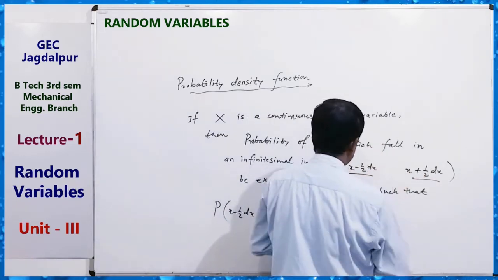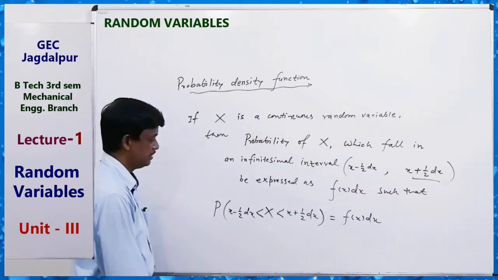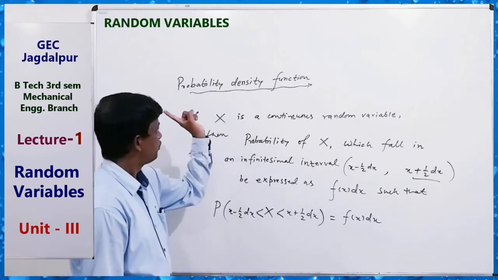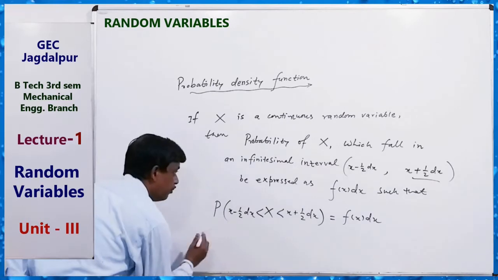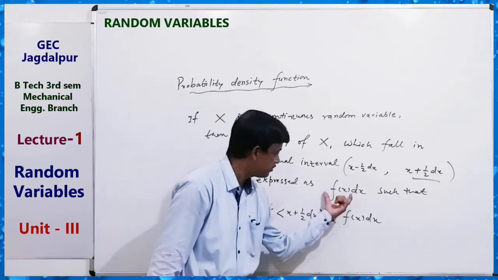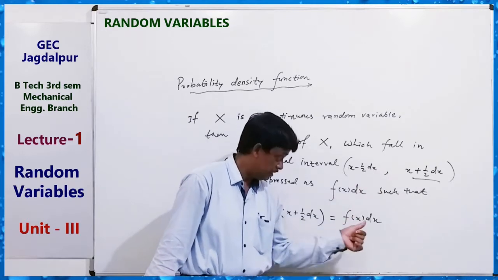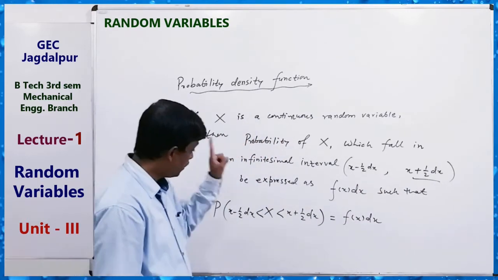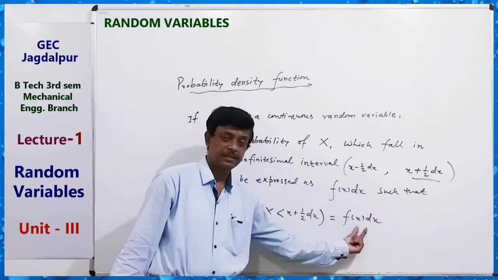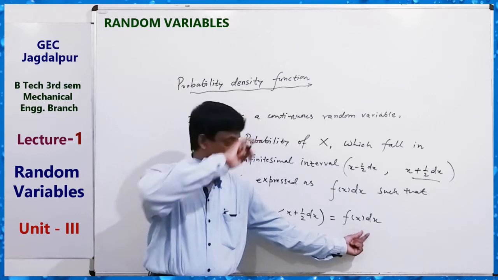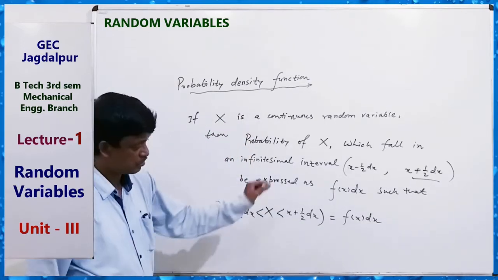This is the new thing: f(x) dx. This f(x) is new. Here f(x) is for a continuous random variable. Capital X can take value small x.